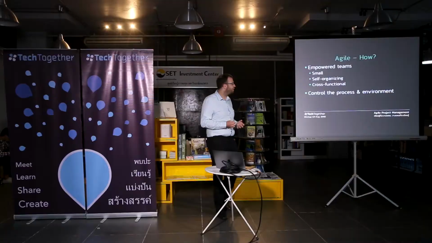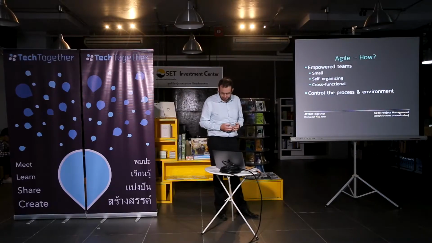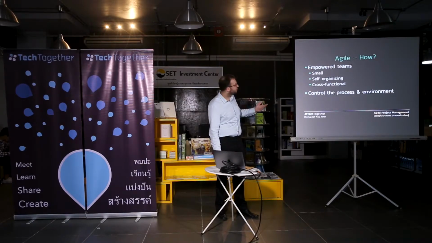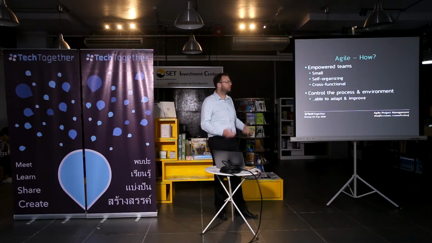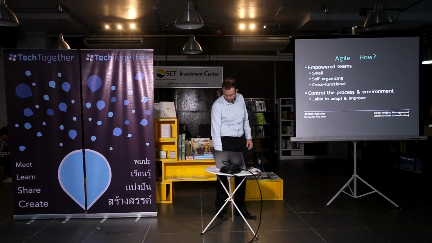So this is how they controlled their environment. And controlling the process, so if there's something that you think is not working, you have the control to change it. So you own the process. And this is coming back to cross-functional.